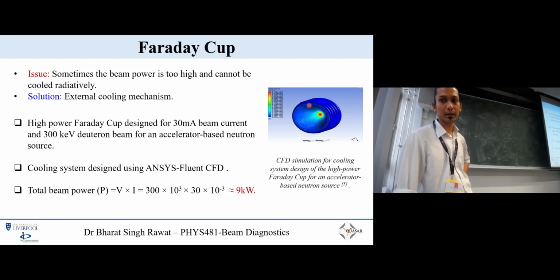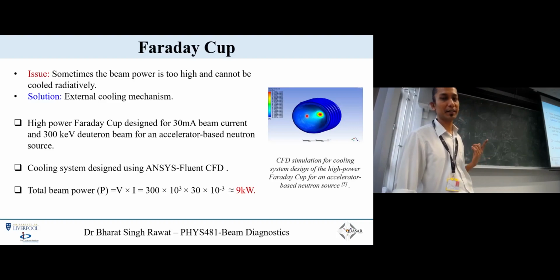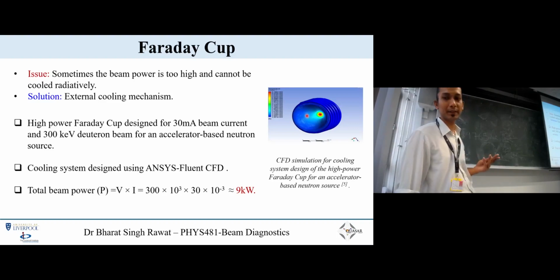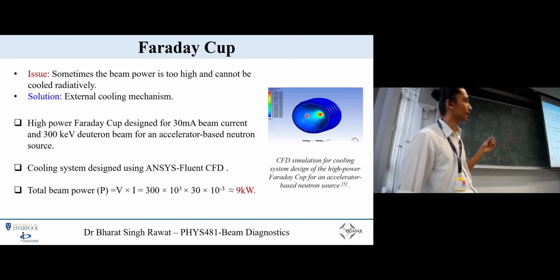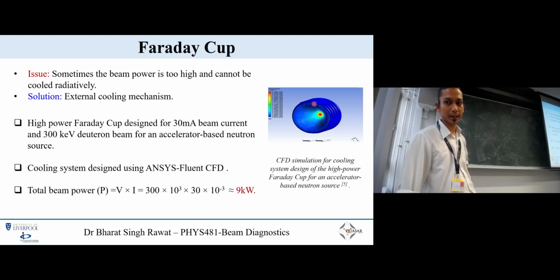The material depends on your application. Usually Faraday cups are made of copper because copper is conductive, easy to manufacture, and easy to machine, but depending on your application you can change the material. The cooling water is another thing.